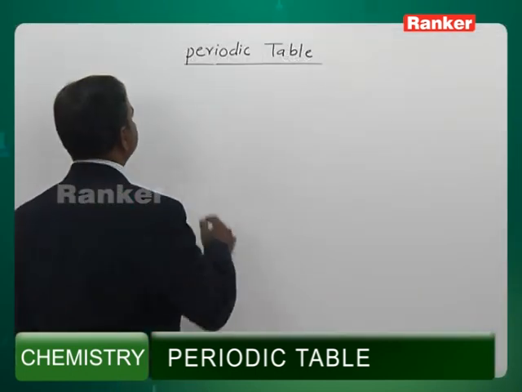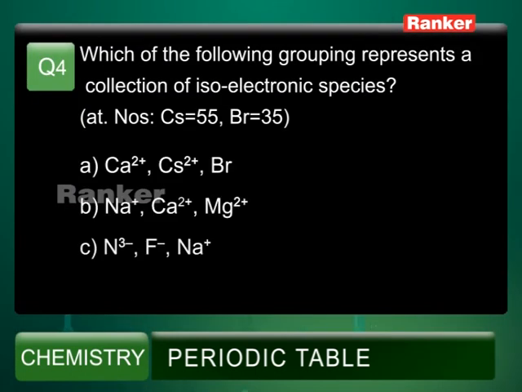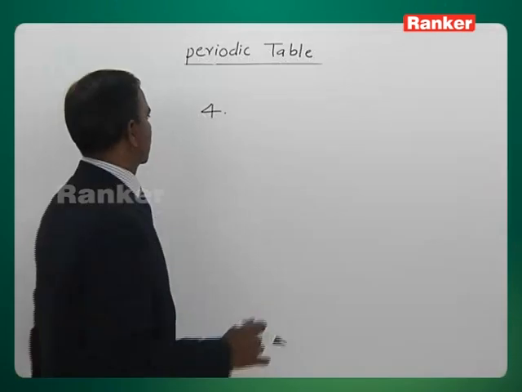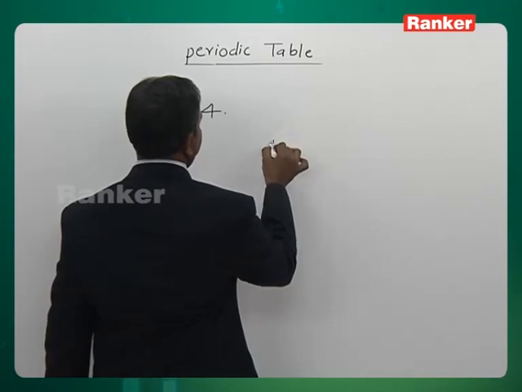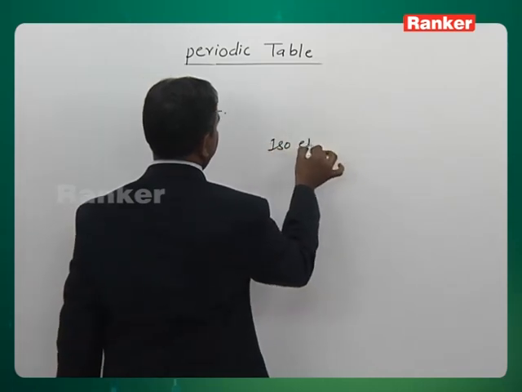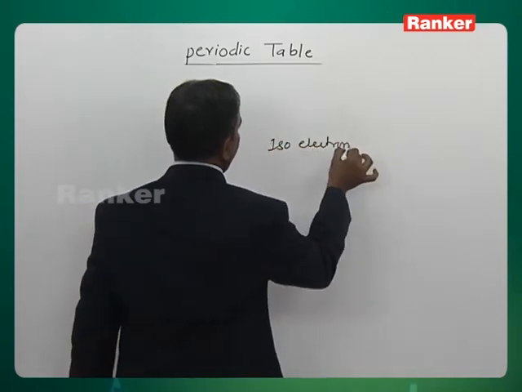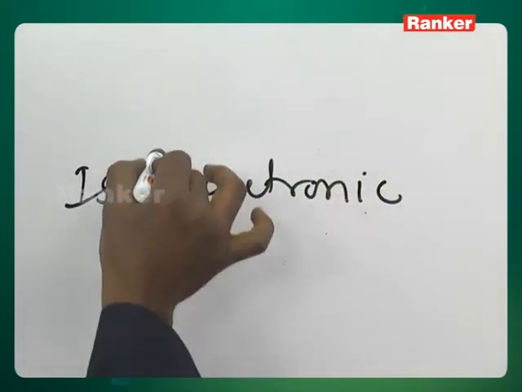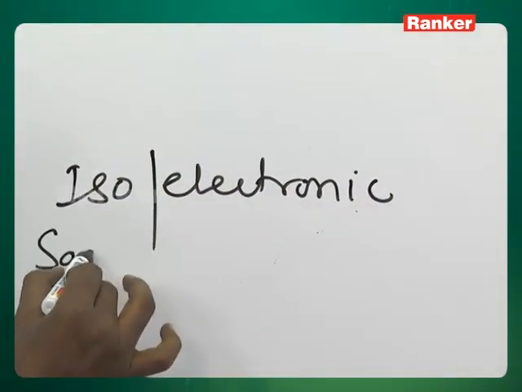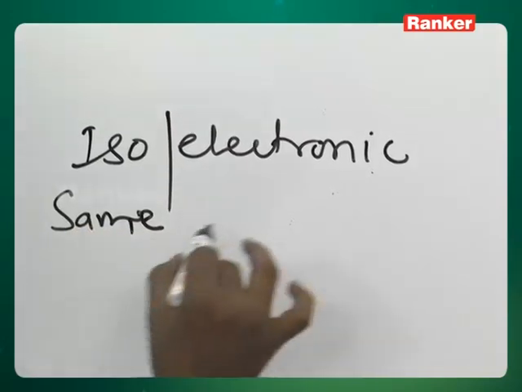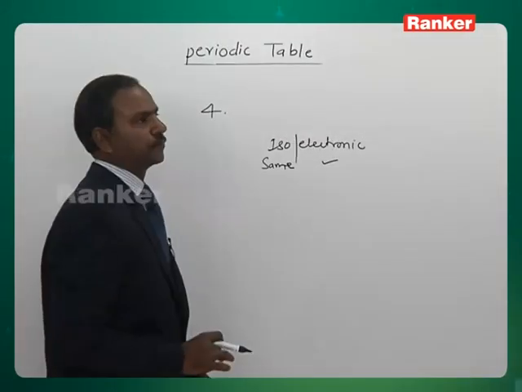Question number 4, which of the following groupings represents a collection of isoelectronic species? Iso means same. Electronic means number of electrons.